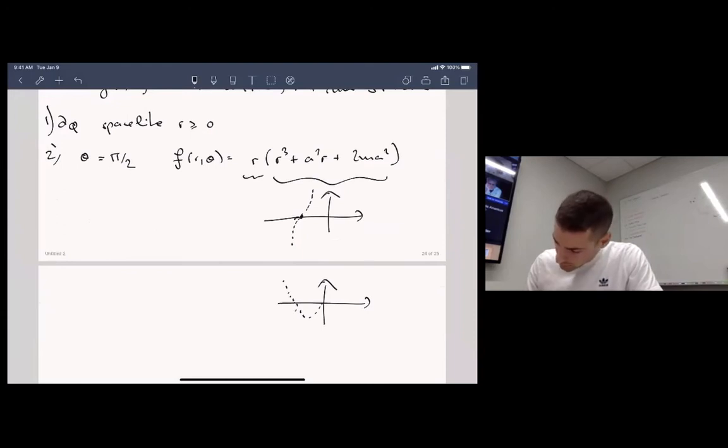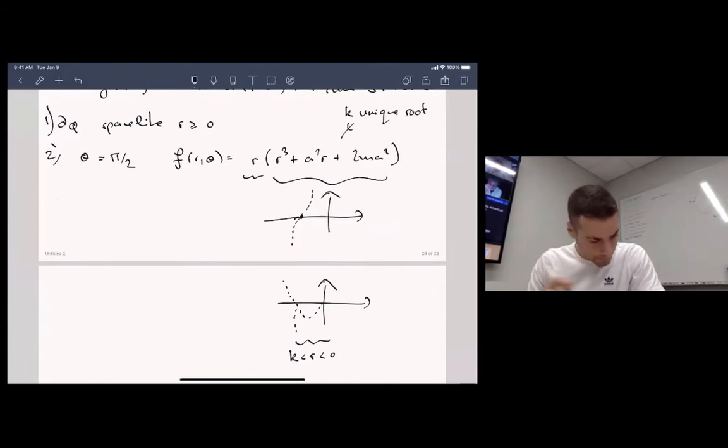And so the bit where it will be negative is precisely when r is between k and 0, where k is the unique root of this fella. Okay, and then you'll see that now f in this region will be negative.